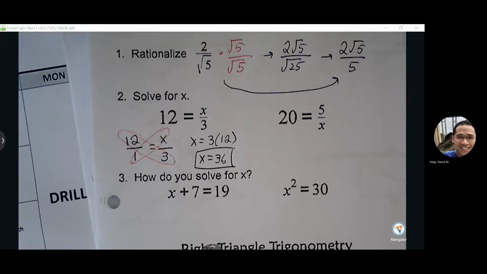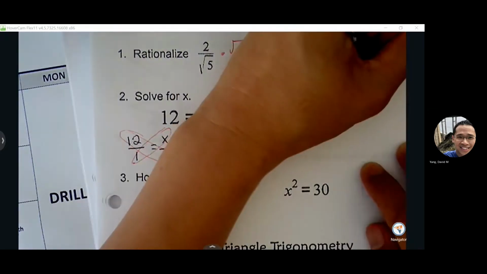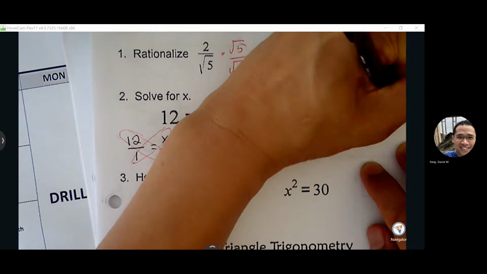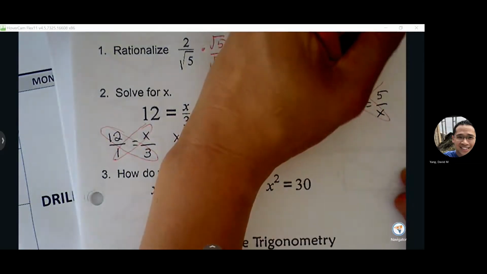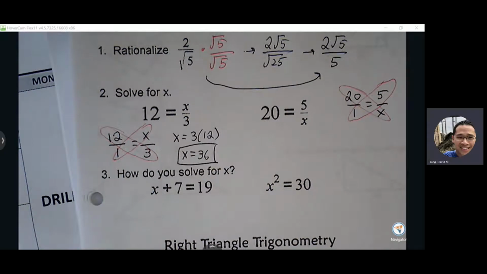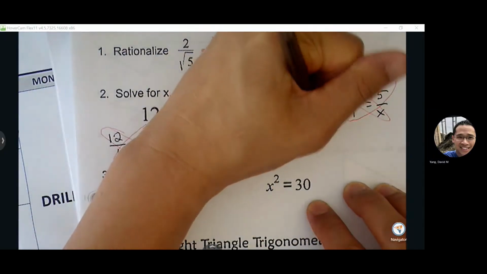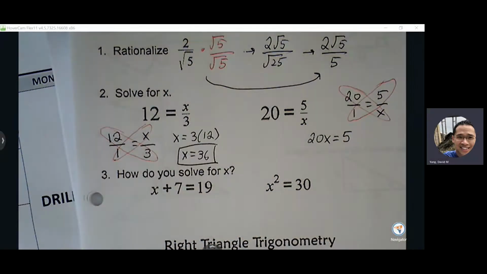Okay, try that. x equals 5, but here we have one more step remaining.